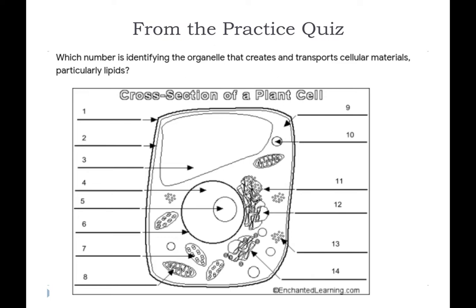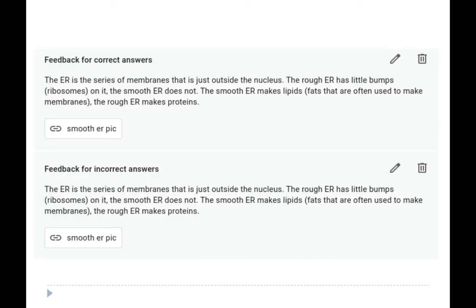Further, on the practice quiz, you were given this question: which number is identifying an organelle that creates and transports cellular materials, particularly lipids? Now, if you didn't know what lipids were, you should at least know that the word isn't protein. So we're looking in this question for something that creates lipids, something that isn't proteins.